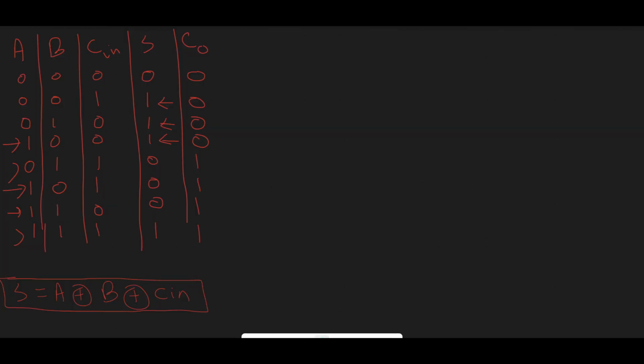Next, let's derive C0 from this table. We can look also at the terms where C0 is 1. It happened to be the last four rows. Similarly, I'm going to do this quickly because we know the idea now. C0 equals, from this row we have A prime B Cn plus, second row where C0 is 1, we have A B prime Cn plus, from here we get A B Cn prime plus, the last row we get A B Cn.